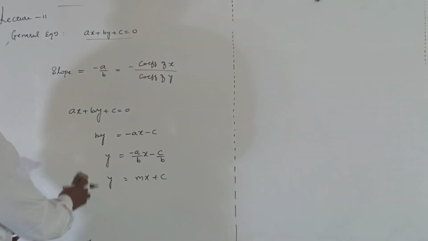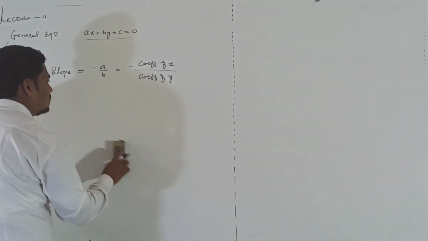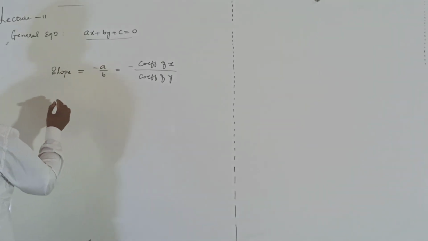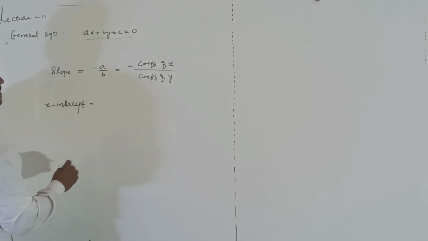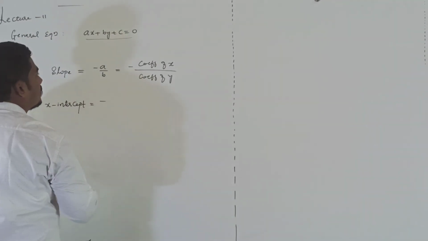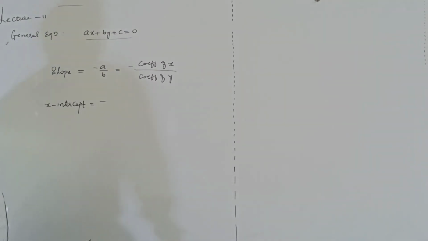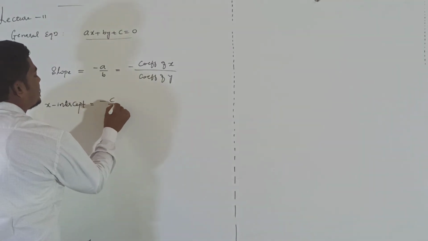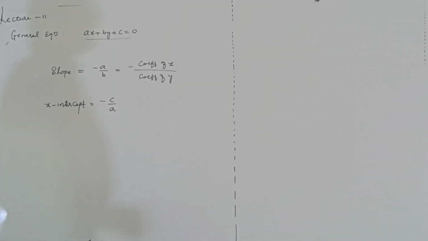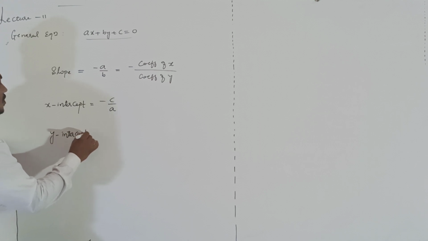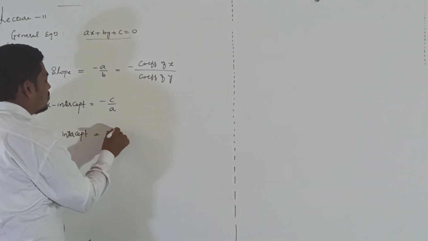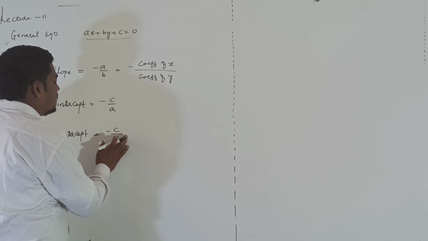Similarly, slope is equal to minus a by b, then what is the x intercept? X intercept is equal to minus c divided by a, and y intercept is equal to minus c by b, right?